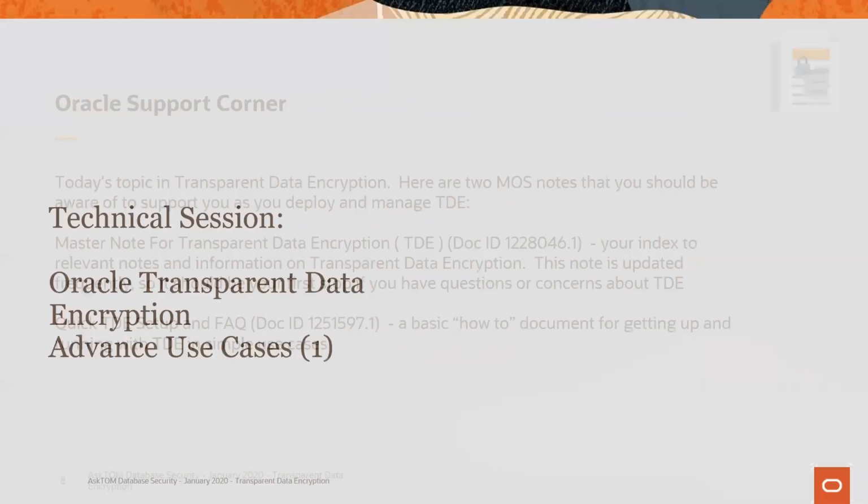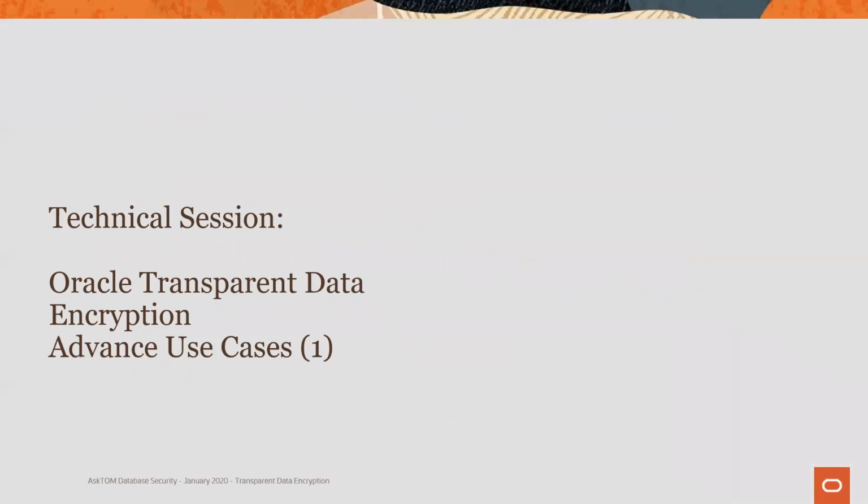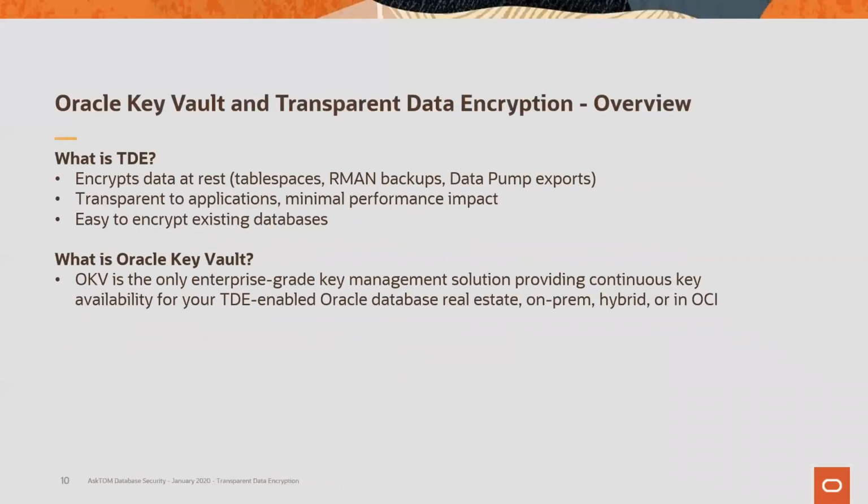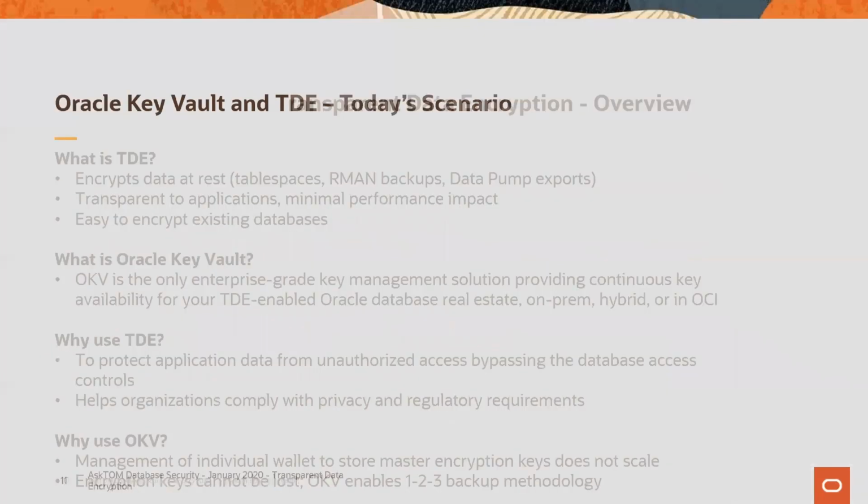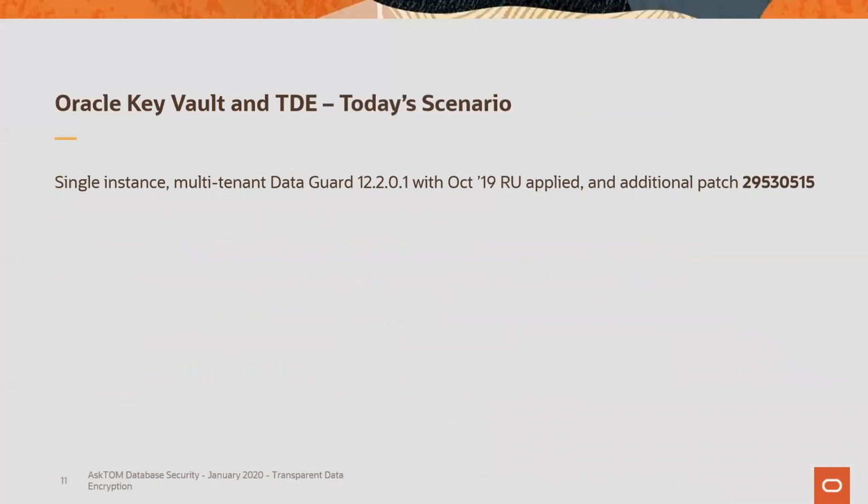All right, let's jump right into our technical session. I'm going to describe it, and then Peter's going to talk you through it, okay? So what we're doing today is we are going to use a single instance multitenant Data Guard implementation on Oracle Database Enterprise Edition 12.2.0.1.